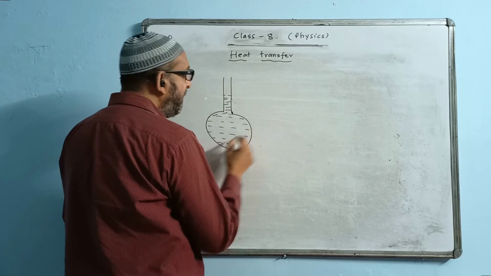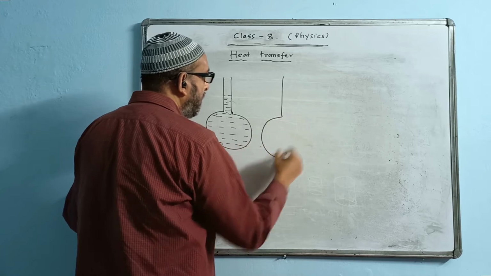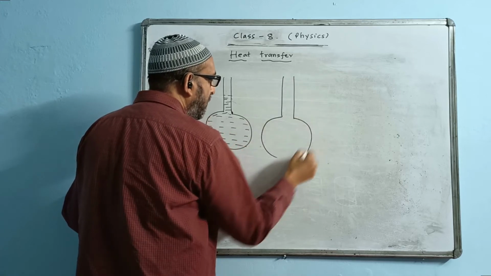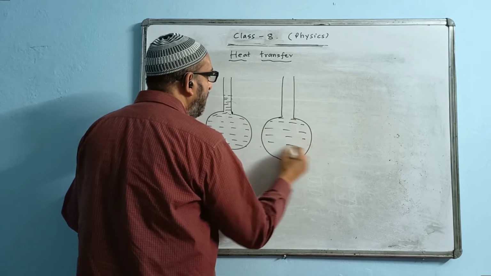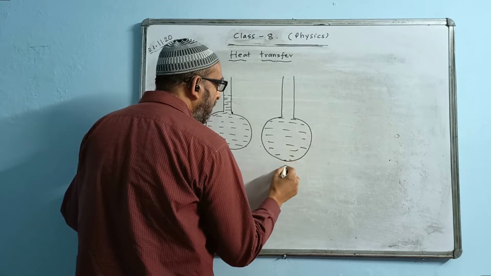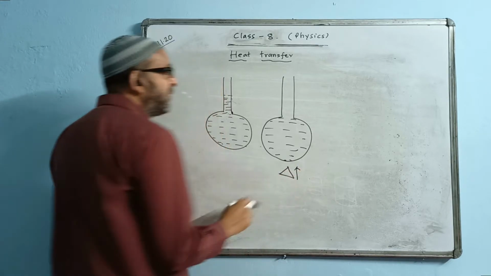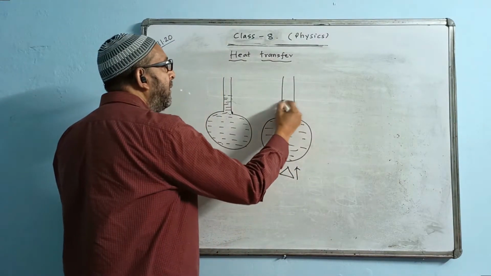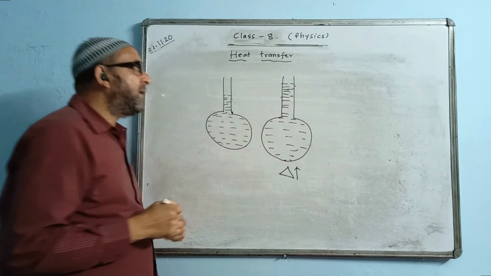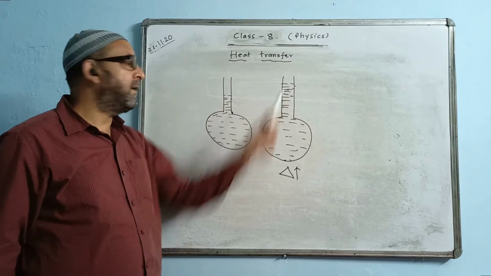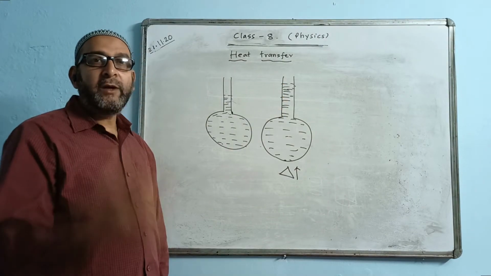Now once you supply heat, you will find that the level of the liquid, that is water, is increasing. It is coming up here. So this is a case of cubical expansion.